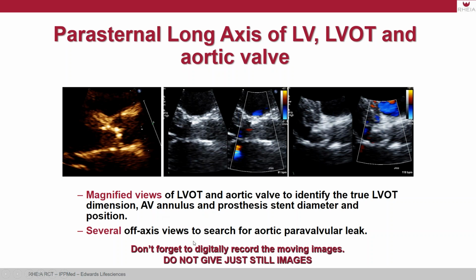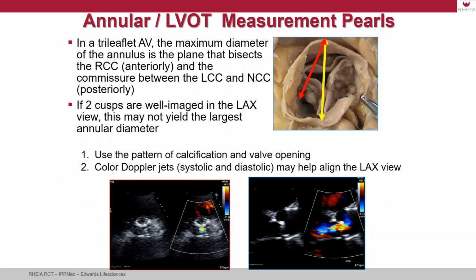So make sure to give us several video clips. We need the video clips, not only still images, because we are going to select the frame on which we measure the LVOT diameter. So give us several video clips, 2D and color Doppler as well, to show us the LVOT.